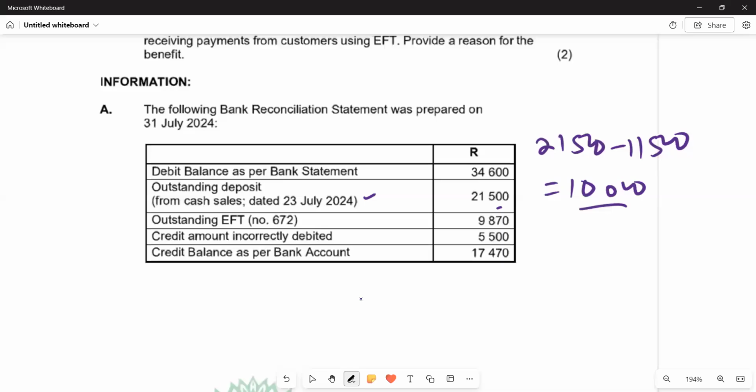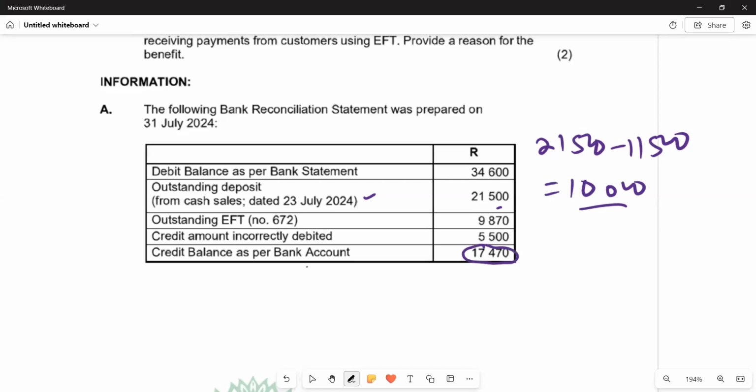To find our bank account balance in the general ledger, we are going to start with the balance that we have for the previous bank reconciliation statement, which is this balance. But you would see that this balance, according to this question, is a credit balance as the bank account. So remember, when it's a credit balance in the bank account, it is an unfavorable balance and it's a negative balance.